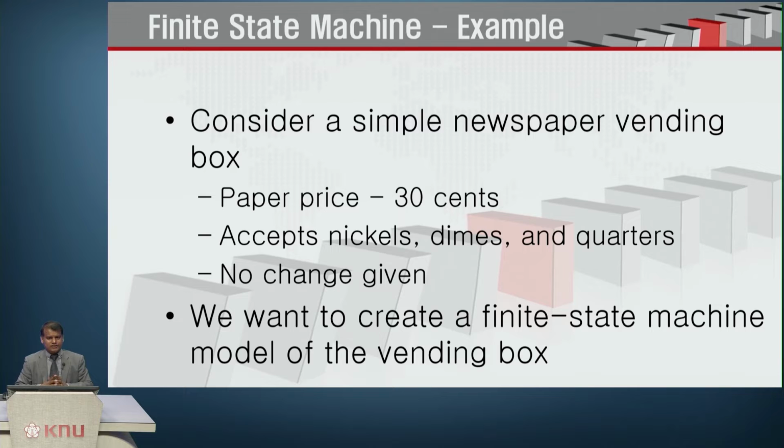We are going to consider this example of a finite state machine for which we use the newspaper vending box. The basic idea is that the paper price is 30 cents and we are going to accept nickels, dimes and quarters. We just assume that there is no change given, there is no option for giving change. So we want to create a finite state machine model for this vending box.